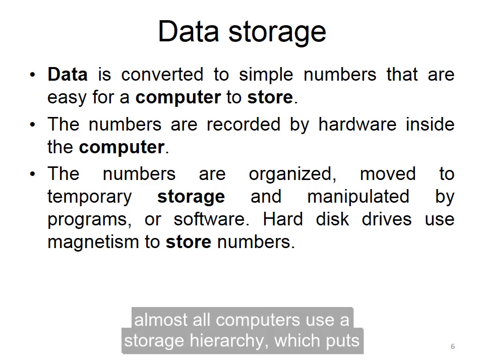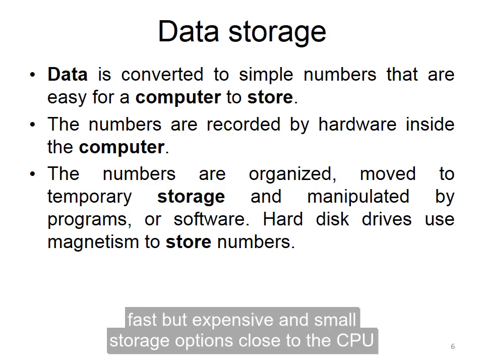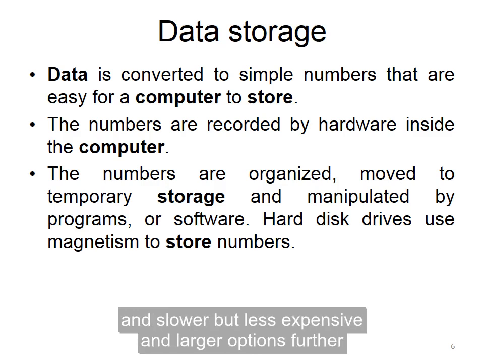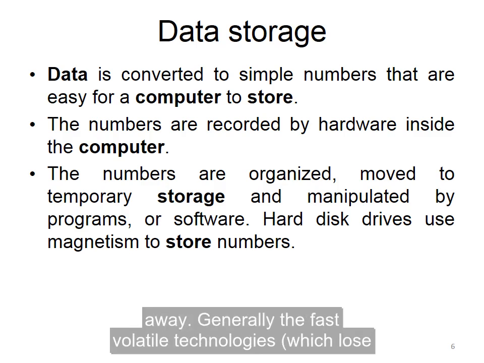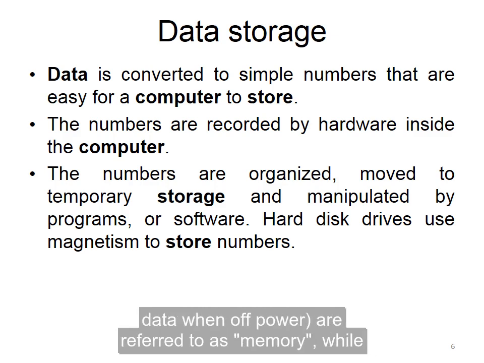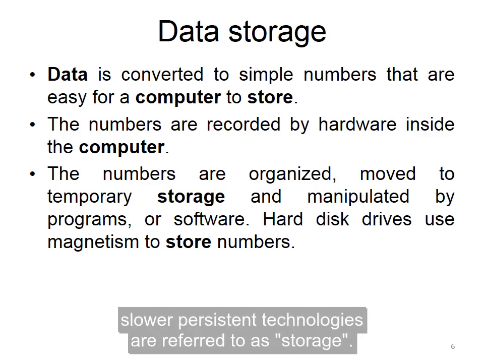In practice, almost all computers use this storage hierarchy, which puts fast but expensive and small storage options close to the CPU and slower but less expensive and larger options further away. Generally, the fast volatile technologies are referred to as memory, while slower persistent technologies are referred to as storage.